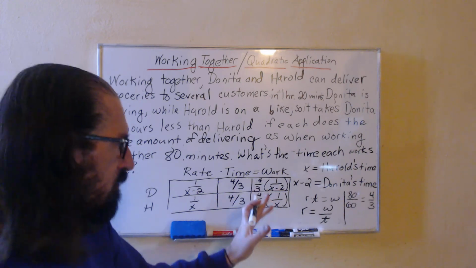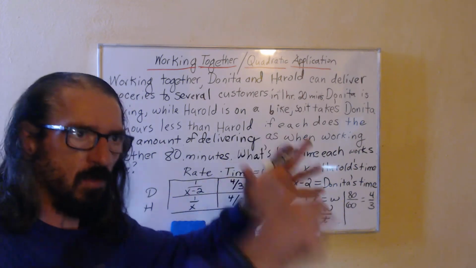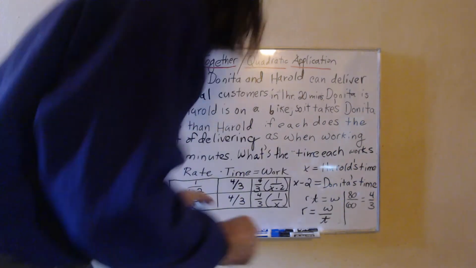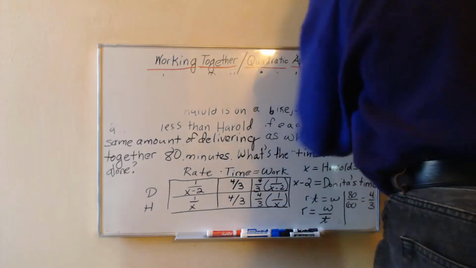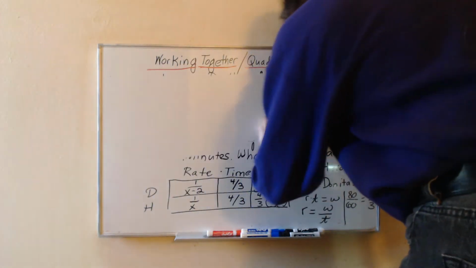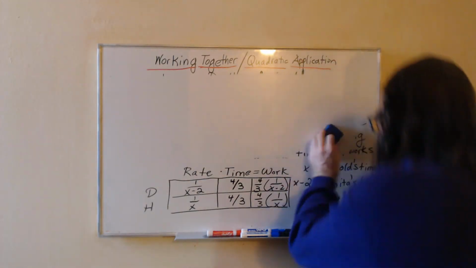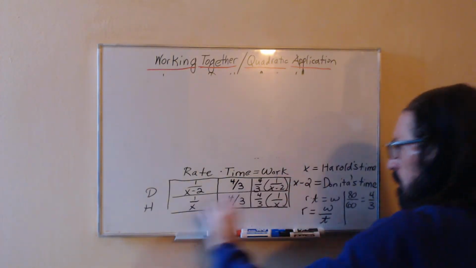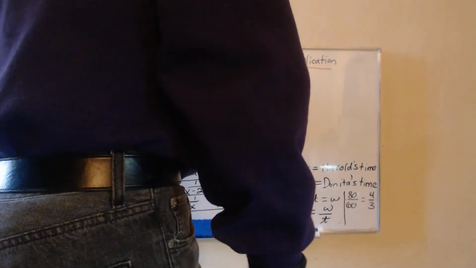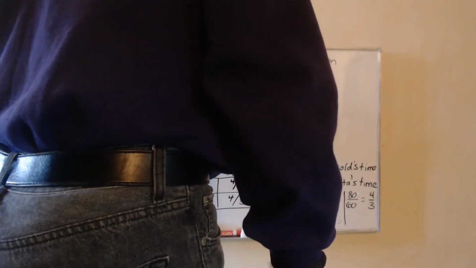And we want that total amount of work to equal the one whole job. So those two things added together equaling 1.